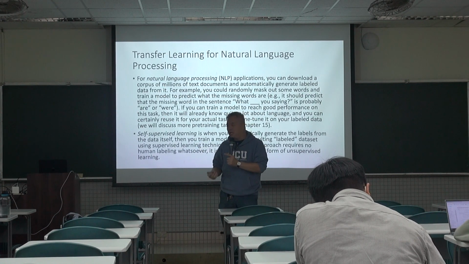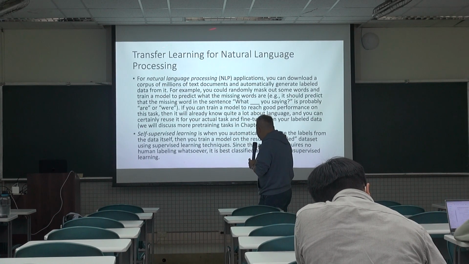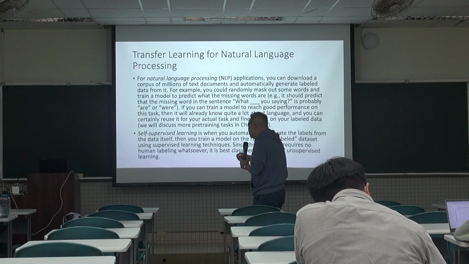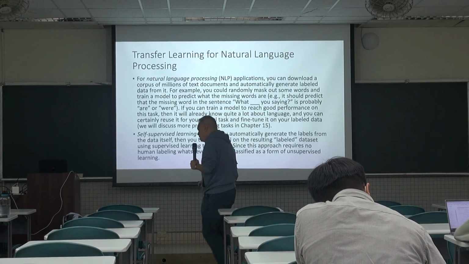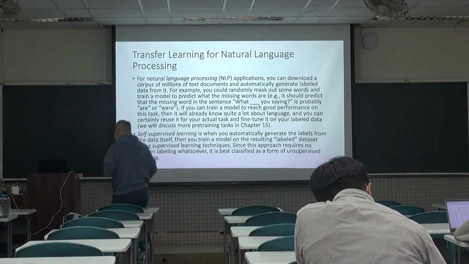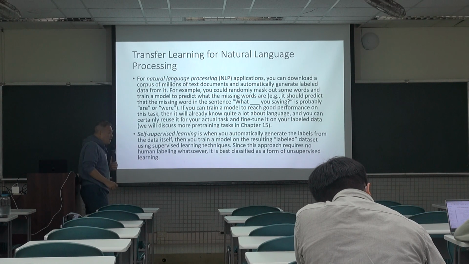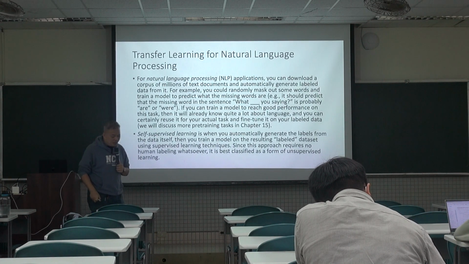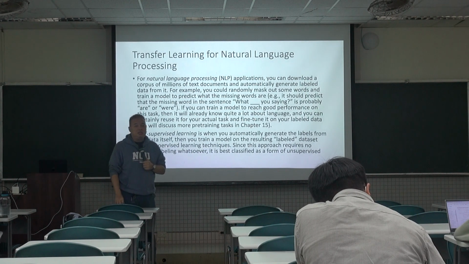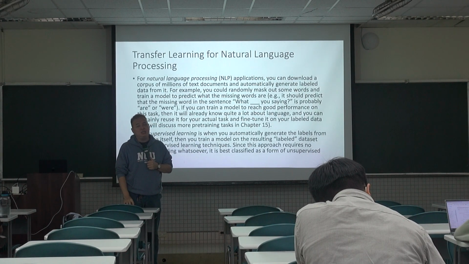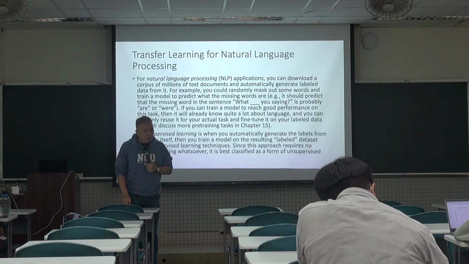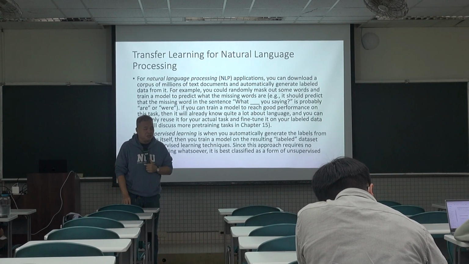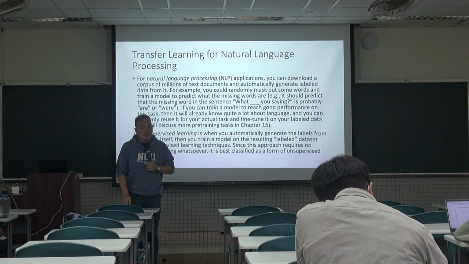So basically, this concept has helped the progress of NLP research a lot. Nowadays, if you are doing any NLP research, nobody trains a model from scratch. There are so many pre-trained models out there for any NLP task.